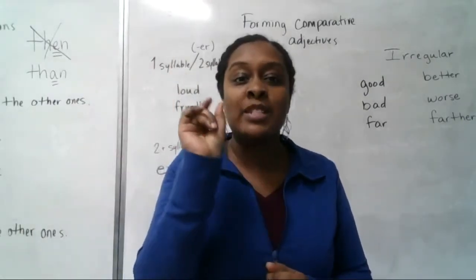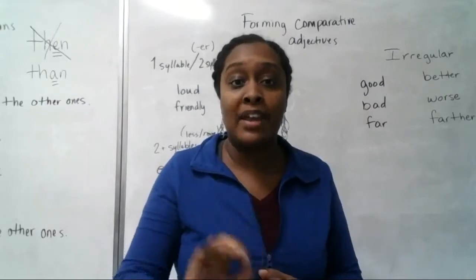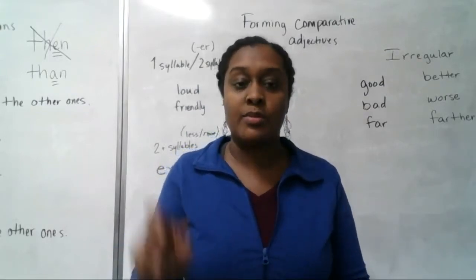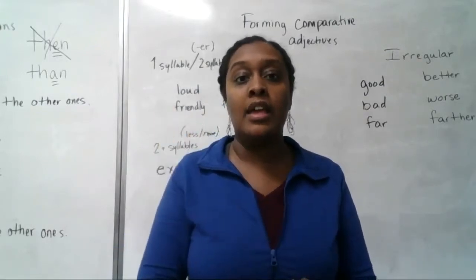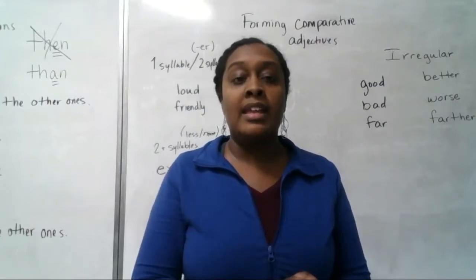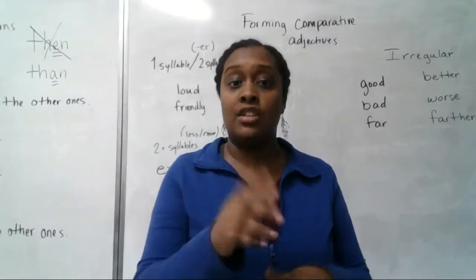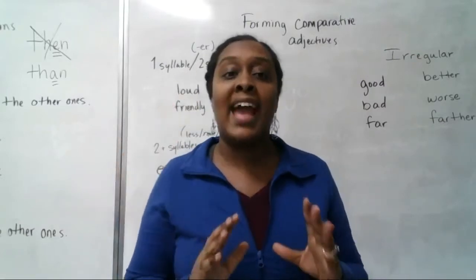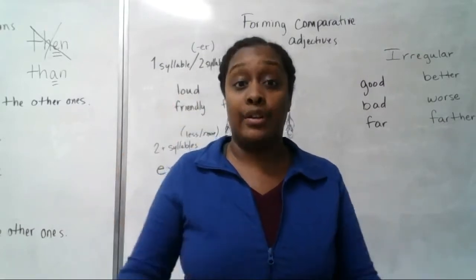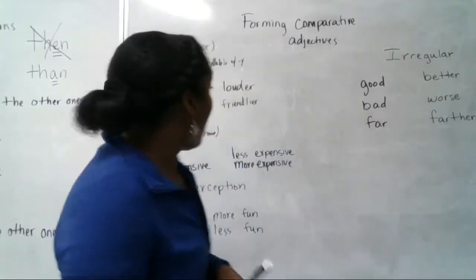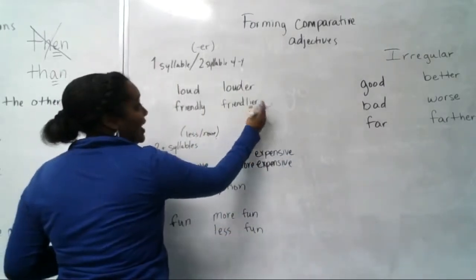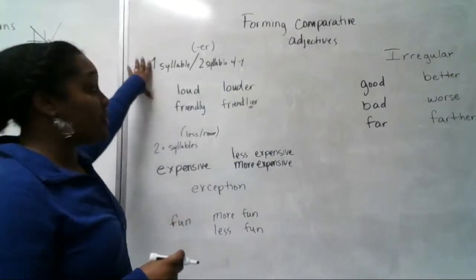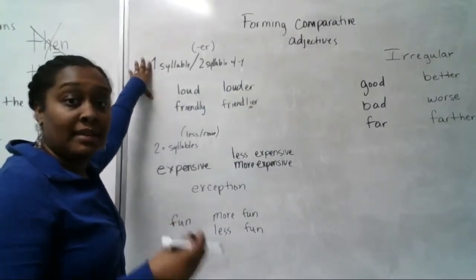The syllable is counted before you add the comparative adjective ending. So it's before you add the ER. Okay? That's how you count the syllables. Now, friendly is two. Friendly. But it ends in Y. So we're going to actually say friendlier. Okay? We're going to change that Y to I and add ER. So that's your first rule of forming that comparative adjective.